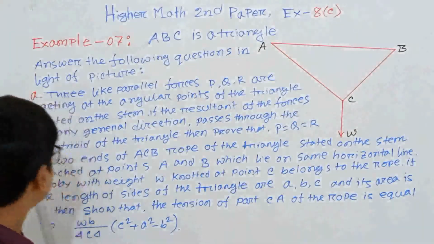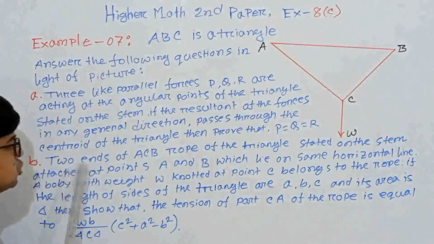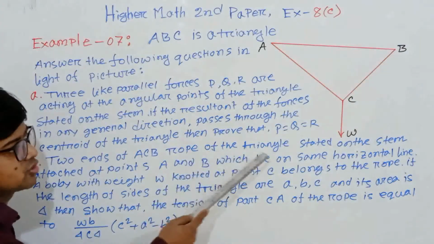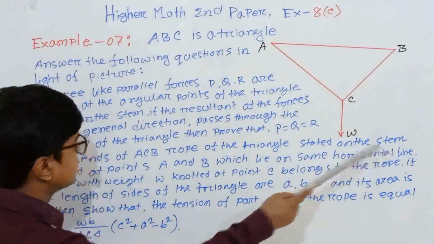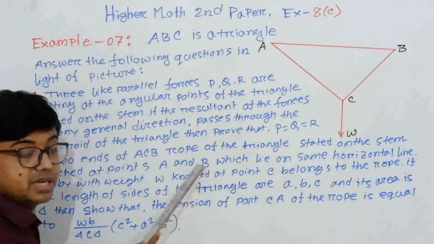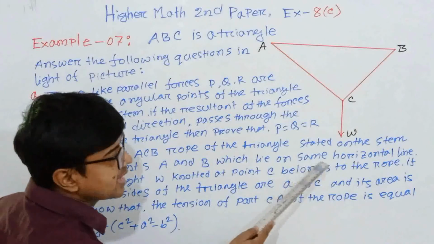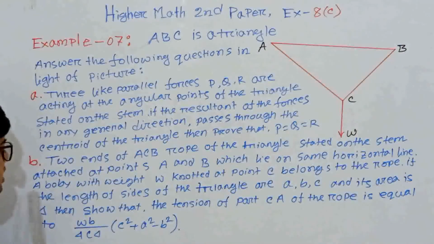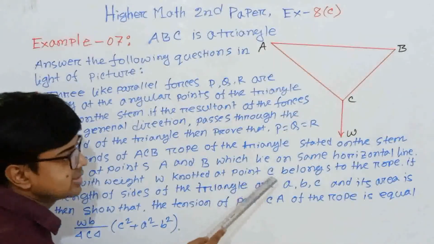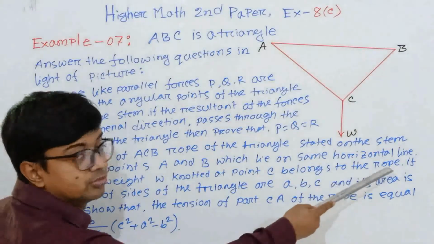Now question B: two ends of a rope are attached at points A and B of the triangle stated in the stem, which lie on the same horizontal line. A body with weight W is knotted at point C on the rope.